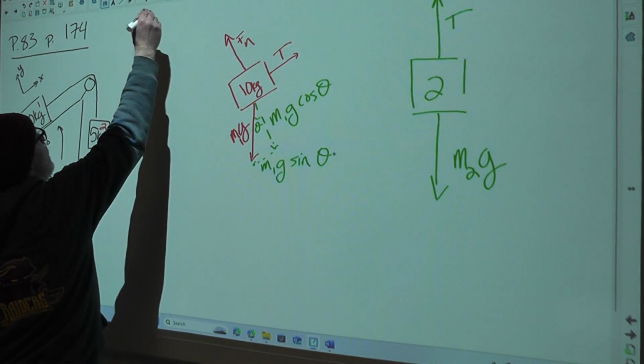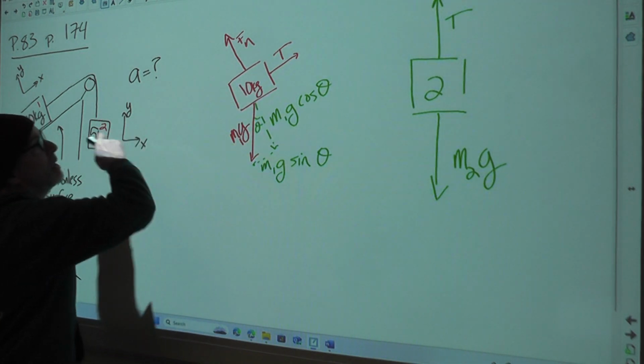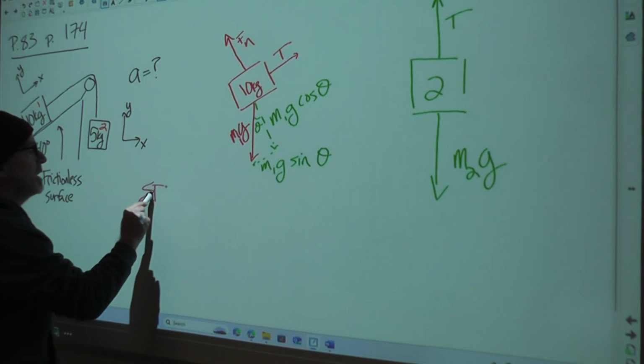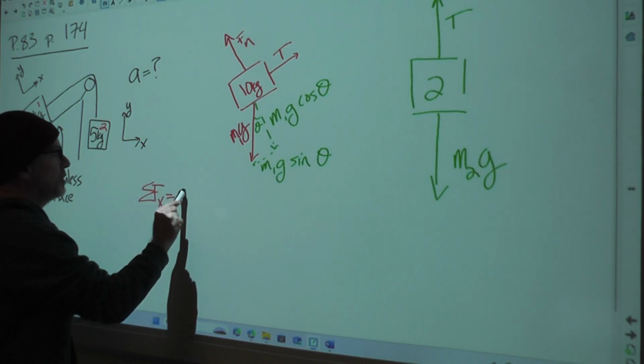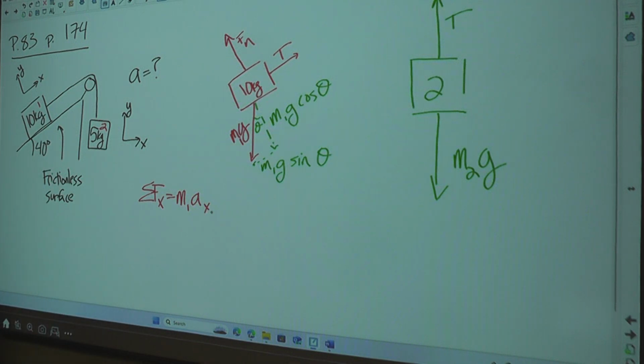The next step is to use Newton's second law, and we have several different dimensions and objects to work with, okay? So if we look at object number 1, we have our forces in the x dimension, which should tell us this object's mass times its acceleration in the x dimension.